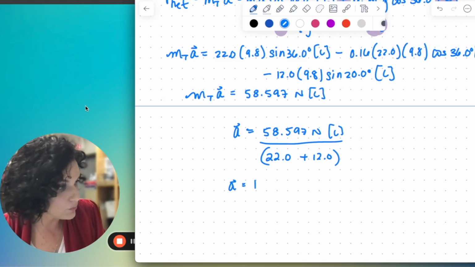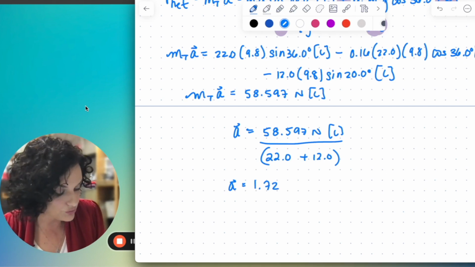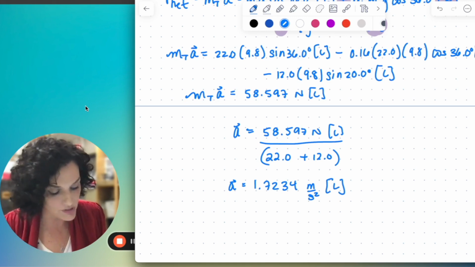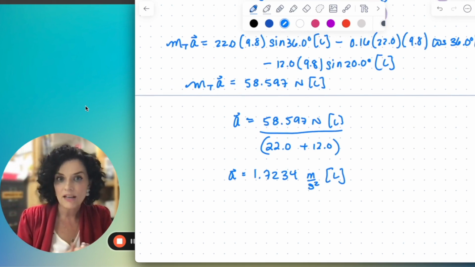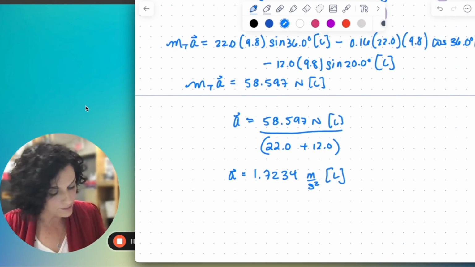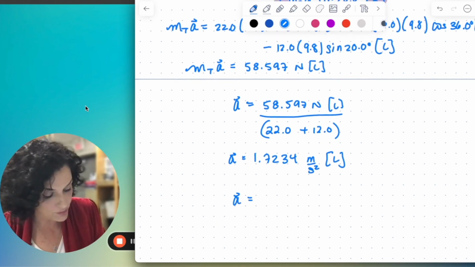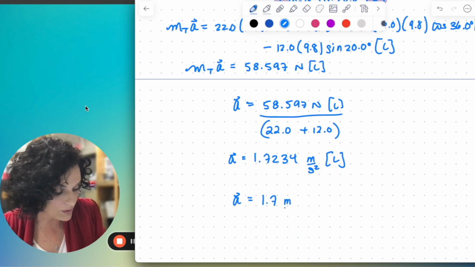All right, I'm going to get 1.7234 meters per second squared, and that is going towards the left. Now, significant figure-wise, I'm keeping 2 sig figs. So my acceleration is going to be 1.7 meters per second squared to the left.